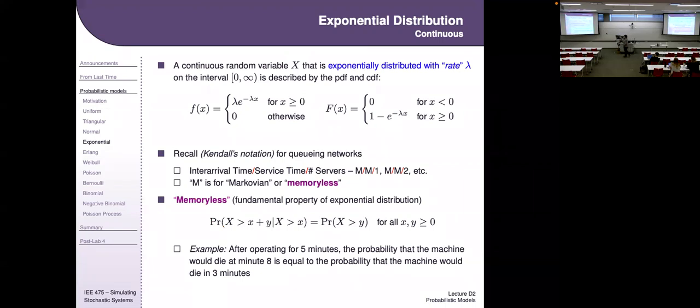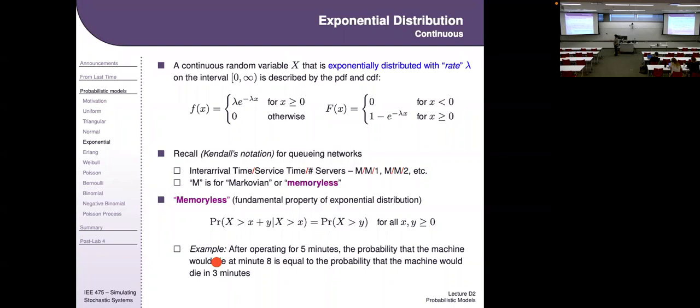The memorylessness of the exponential means that the amount of time you've waited for an exponential does not give you any information about how much more time you will wait until an event happens. Written mathematically, it's saying the probability that the exponential is greater than x plus y, given that it's already greater than x, is equal to the probability that it's greater than y.